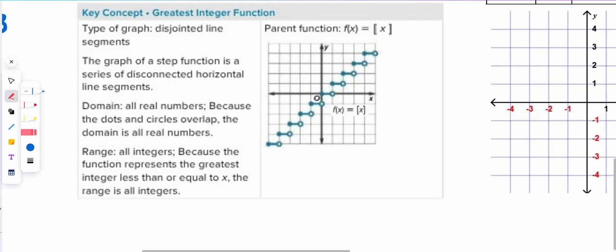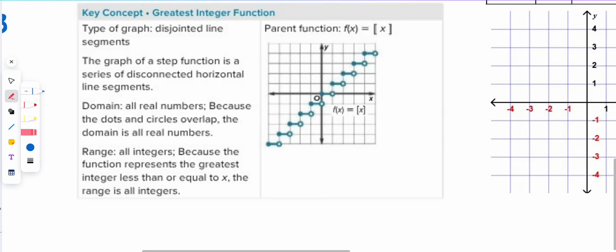So it never goes through decimals or anything like that. Our y is always on those integers based on how it's written. So we're going to go ahead and practice that in this next example.